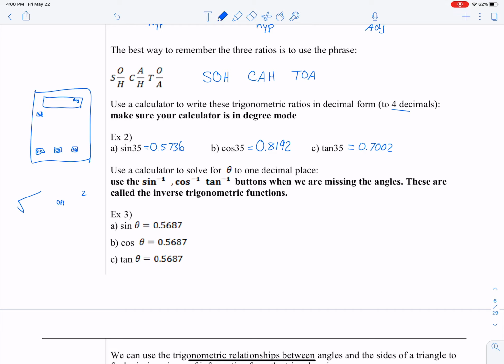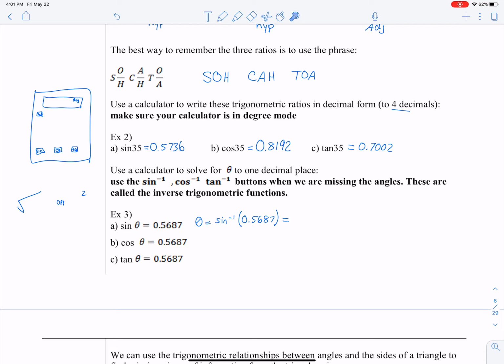Let's try this out. If we want to get our angle, we're going to do sine to the -1 of 0.5687 is equal to.